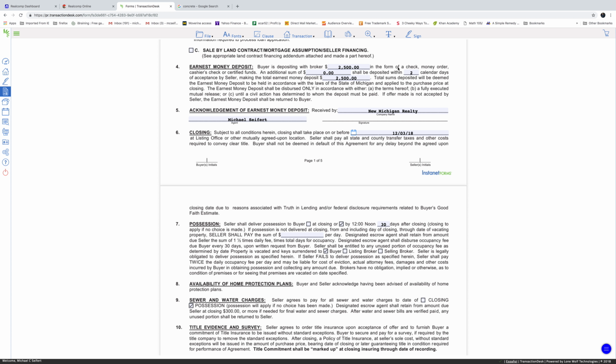Now, let me go back to this calendar day thing, because a lot of agents are confused about this. At least in the state of Michigan, an earnest money deposit needs to be deposited. That means sent into the broker and deposited within 2 banking days, not 2 calendar days. This is something different we're talking about here on this line. Not 2 calendar days, not 2 business days, 2 banking days.